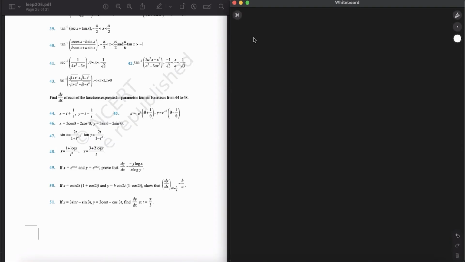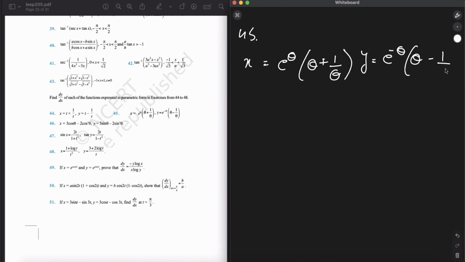Question number 45. It has been given to me that x is equal to e raised to the power of theta into theta plus 1 upon theta, and y is equal to e raised to the power of minus theta into theta minus 1 upon theta. First of all, I would like to differentiate dx upon d theta.